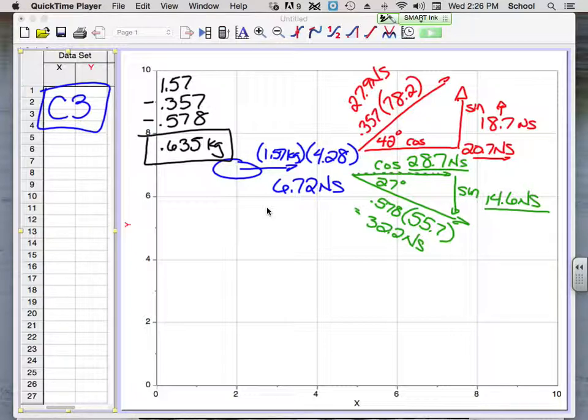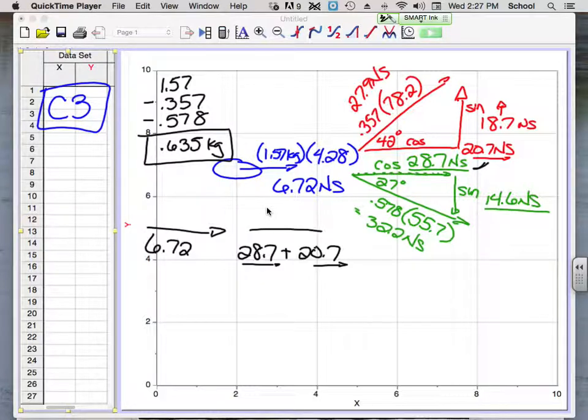Now we should be missing some momentum both sideways and up and down. So the missing momentum sideways: initially we were going 6.72. Afterwards, we are going 28.7 and 20.7. These are the two sideways components. Add and subtract.